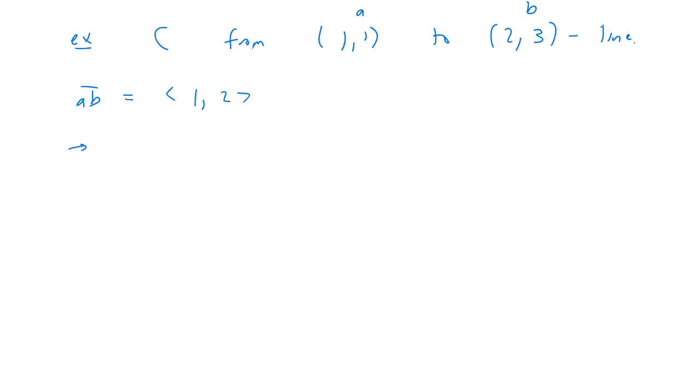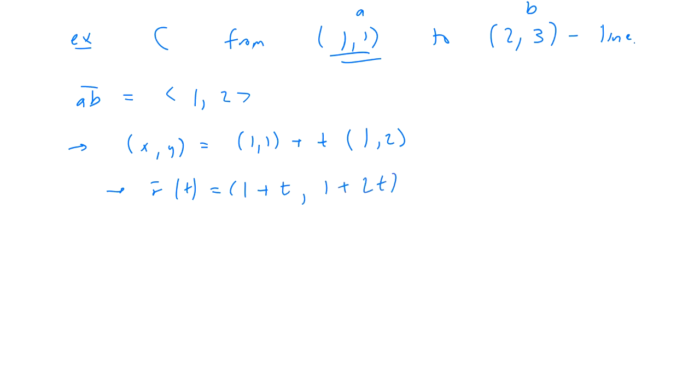And then the line is, and again here order matters to some extent, we want to put the point we start with first, and then t times the vector. And therefore the parameterization would be 1 plus 1 times t in the x variable, and then 1 plus 2 times t. So that would be the parameterization.